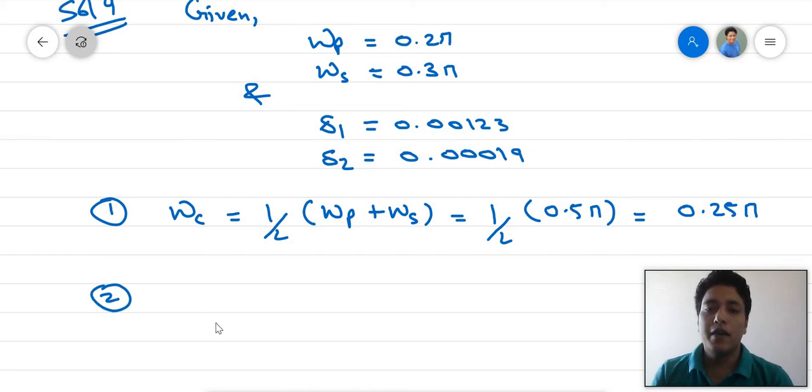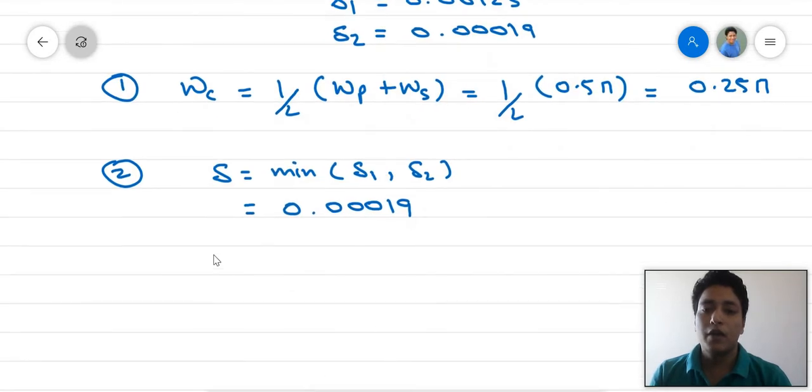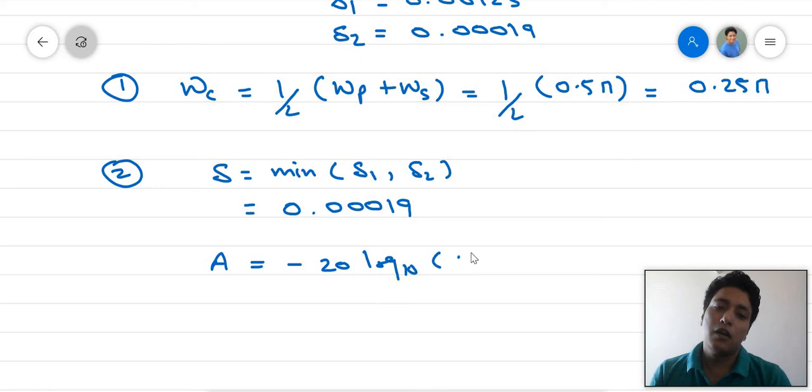Second, we will find out the attenuation, but for attenuation we have to find out delta, that is equal to the minimum of delta 1 comma delta 2. The minimum value will be the value of delta, that is 0.00019. Now using this we can find the attenuation in the stop band, A equals minus 20 log base 10 delta.